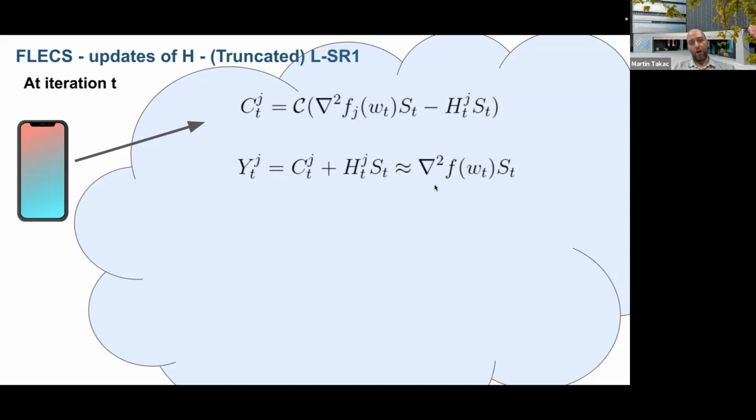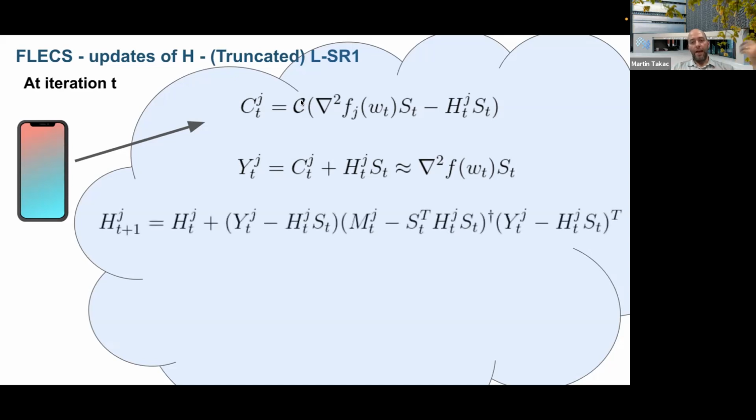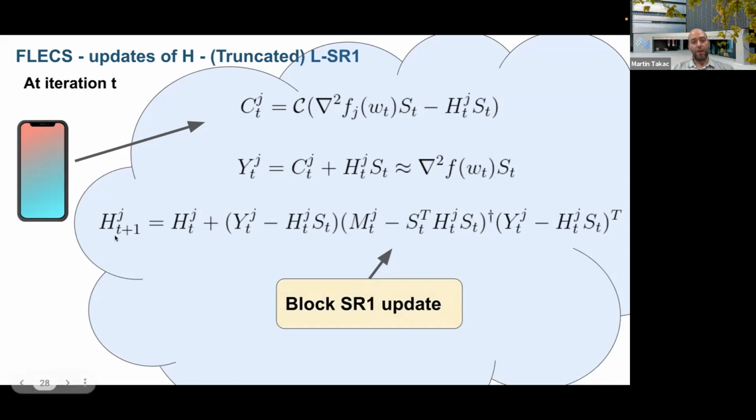But again, hopefully as we go, we are getting a better estimate of the hashing. Therefore, this quantity will go to 0, okay? So the variance from the compression will be somehow diminishing to 0. So okay, this will be somehow fine. And afterwards, what we can do is just use this block SR1 update, which now tells me how to update the hashing estimate from iteration t to t plus 1.